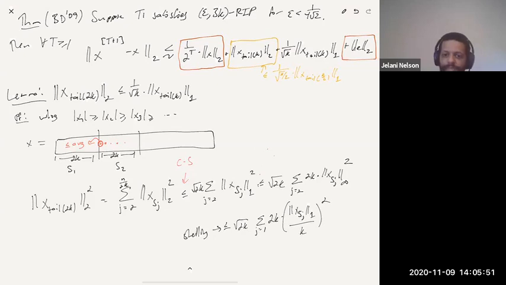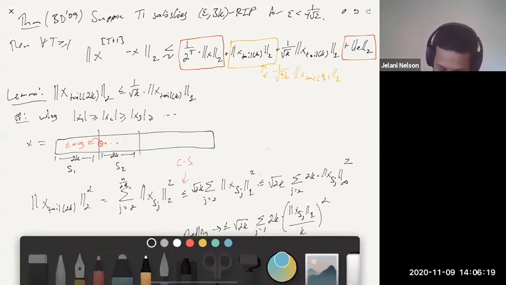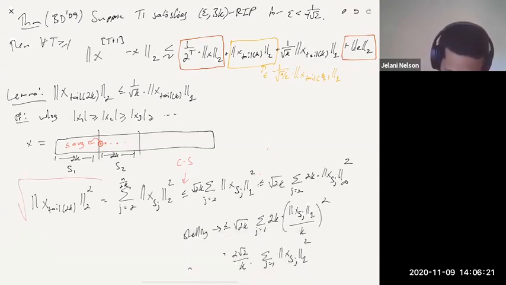Good. So now, where are we at? So this is a k, and the denominator is a k squared, and then there's a root k out here. So we have k root k in the numerator and a k squared in the denominator. So this is equal to 2 root 2 over k times the sum j equals 1 onward of the L1 norm of xsj squared. And then let's just square root the whole thing.